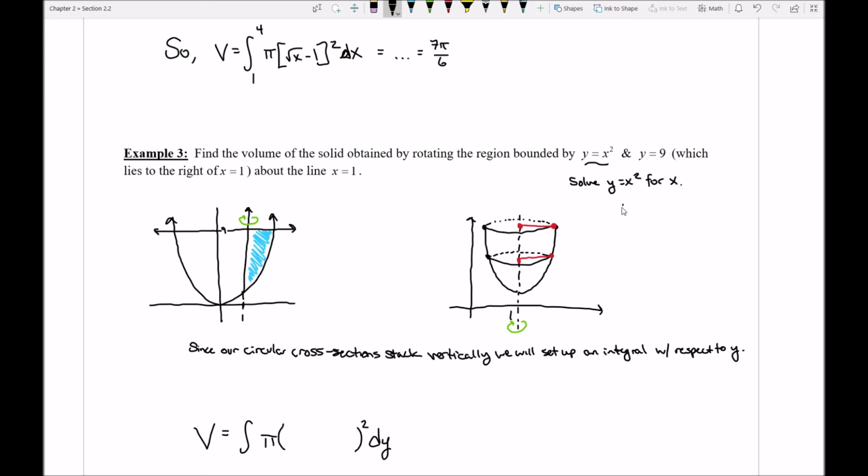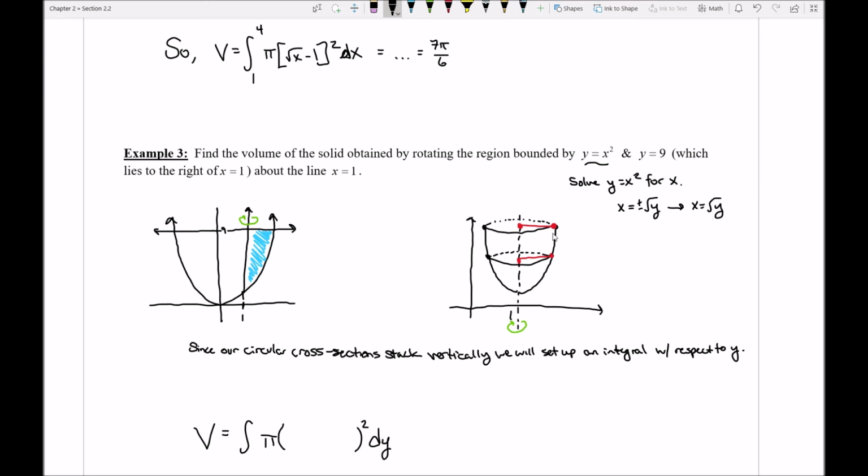Now if we do this, that of course is going to give us x is equal to plus or minus the square root of y. However, if I notice that I'm only dealing with the side with positive x's, then I know that we just need x is equal to square root y.